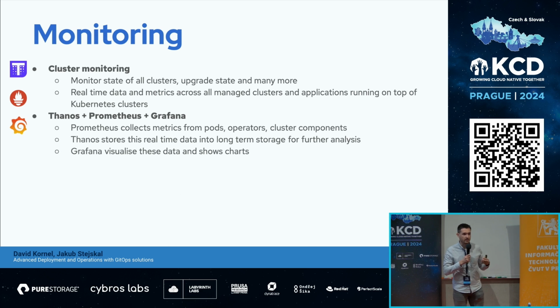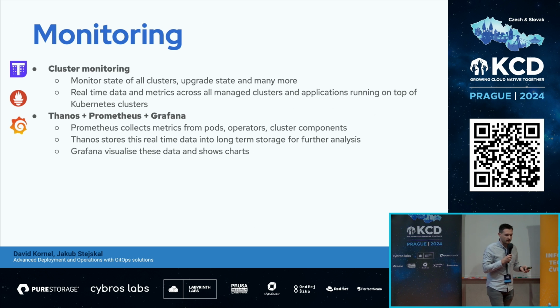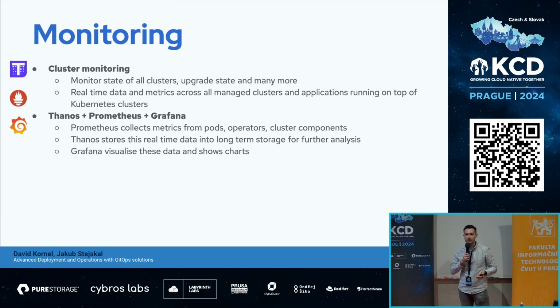Thanos communicates with each Prometheus instance on the fleet clusters, collects all the data, and stores it in an S3 bucket on AWS, or in your specific implementation, you can use, for example, Minio. It's basically up to you. This data is then available in our Grafana, so we can check what was happening 10 days ago, 20 days ago. It's up to the configuration of Thanos.